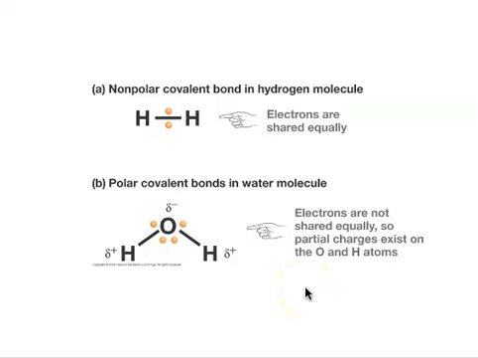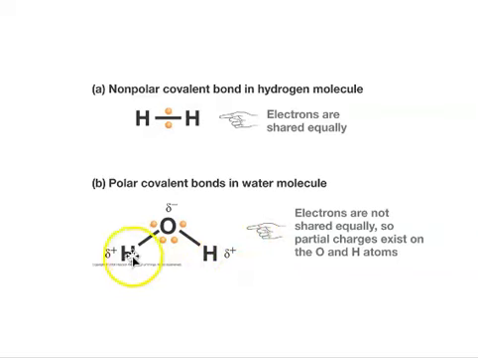Now there's something else to notice in this drawing, and that's these little symbols right here. If you don't recognize this symbol, this is a lowercase d, which stands for delta, and you'll notice that the d has a charge associated with it, either a minus or a plus. This is a designation for partial charges.